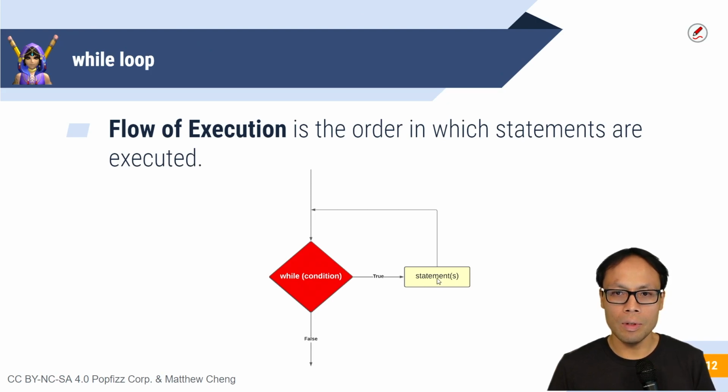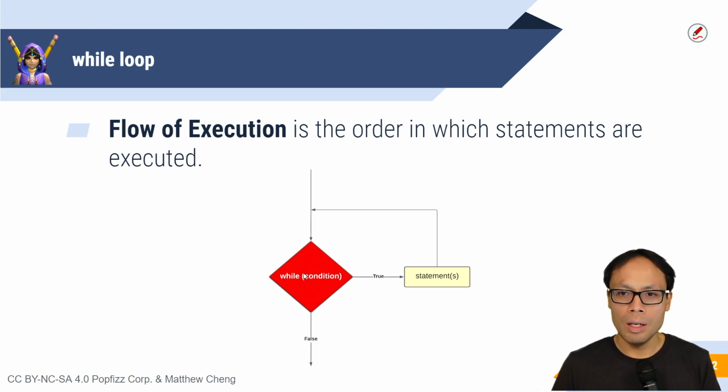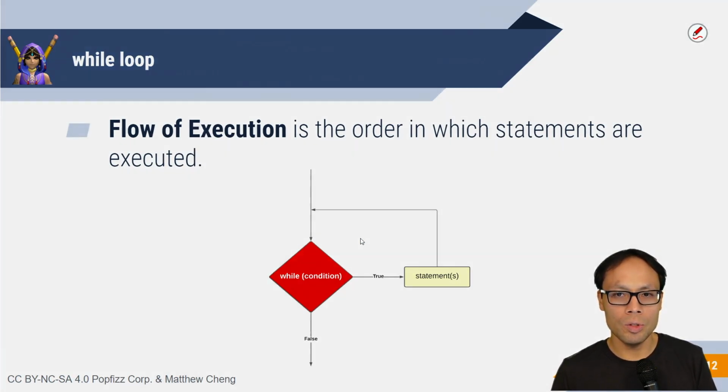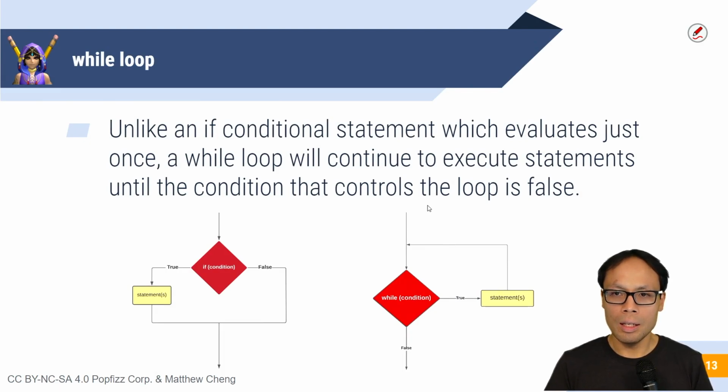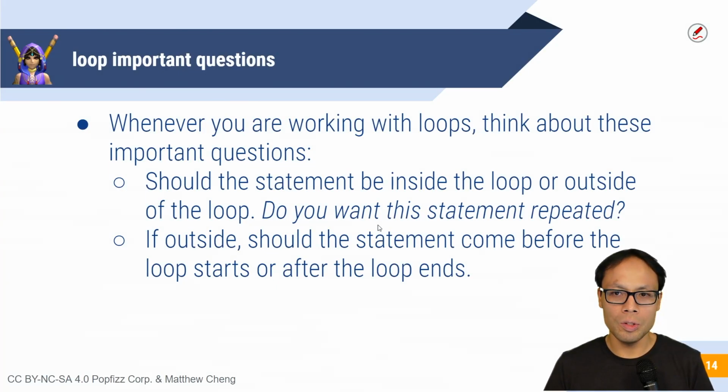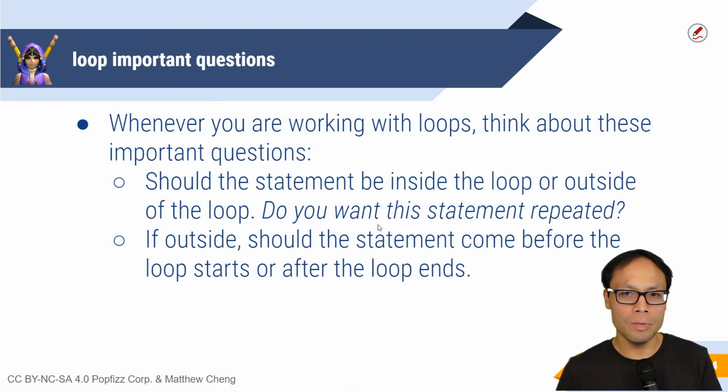Previously, when we had our if condition, this just executed once, and now we're going to keep looping and looping while the condition is true. Unlike an if conditional statement, which executes just once, our while loop will execute as long as the condition is true, until the condition is false.